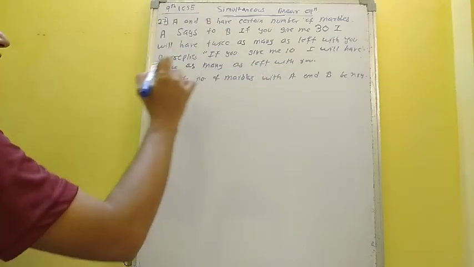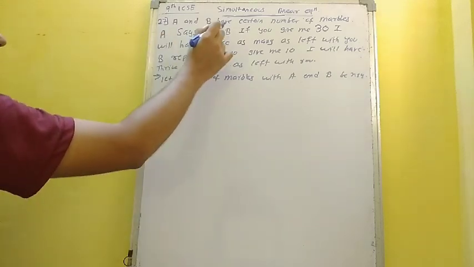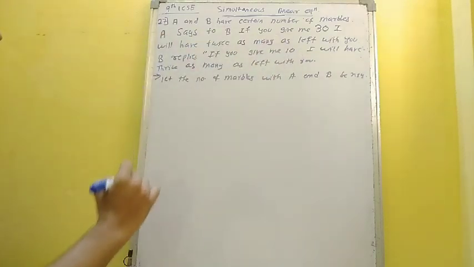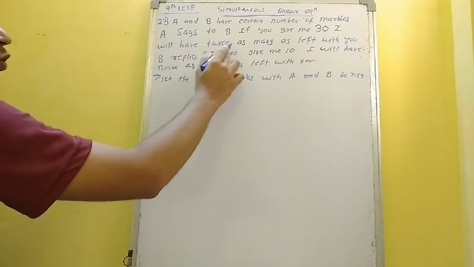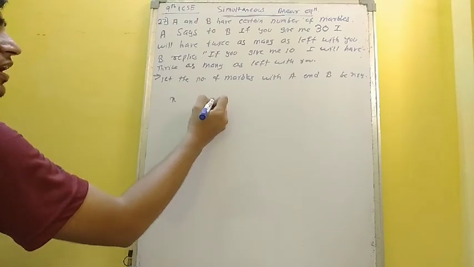A says to B, if you give me 30, means A is asking B to give 30, then I will have twice as many left with you. Okay, see, x and y.